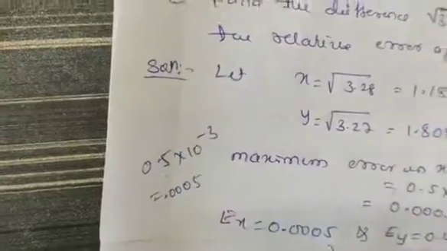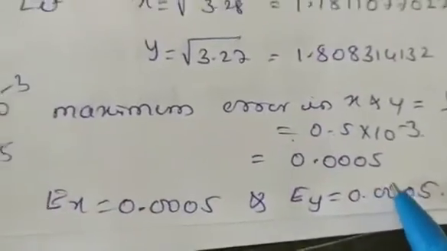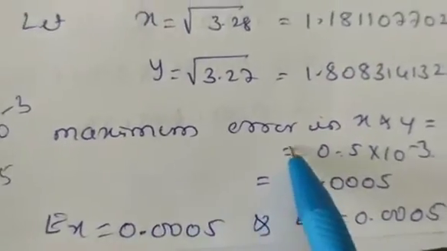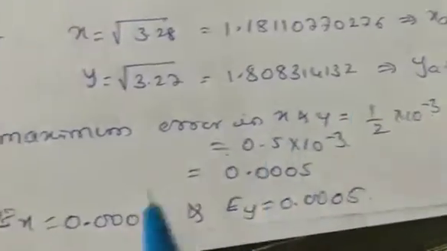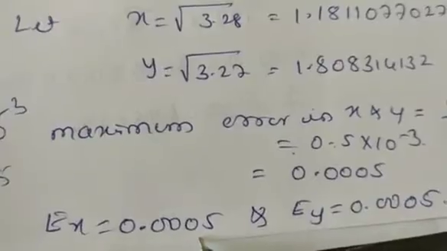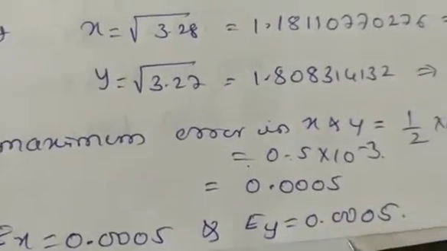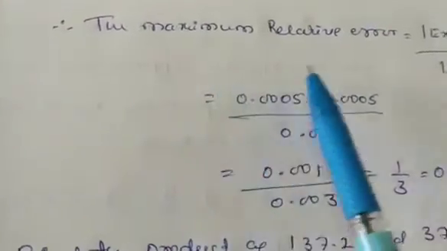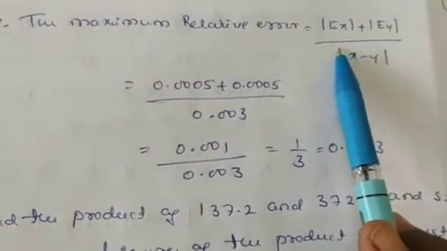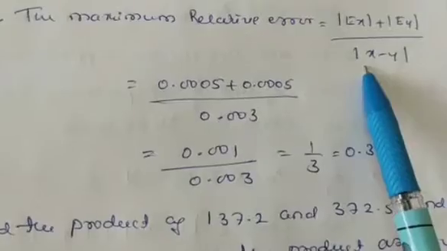This is 0.0005. So this is the error in both x and y, because both terms contain the last digit 10 raised to minus 3. So the error in x is 0.0005 and the error in y is also 0.0005.